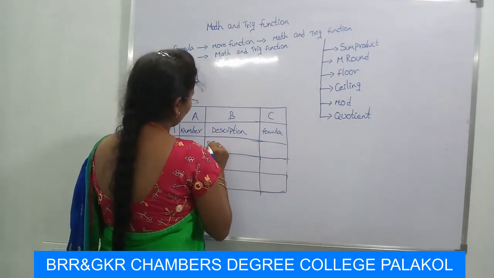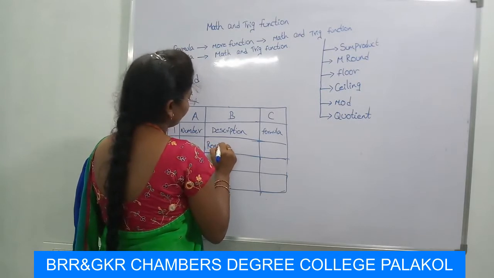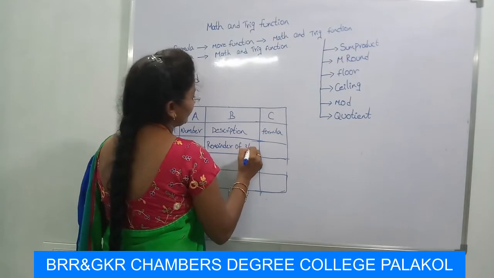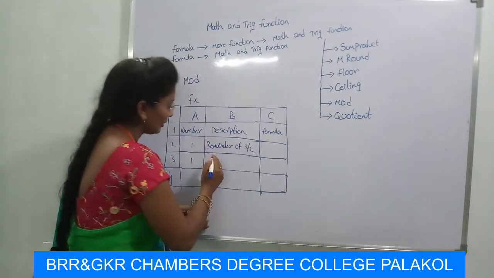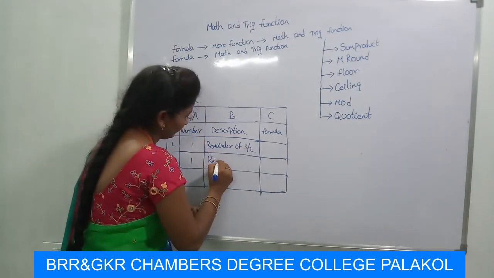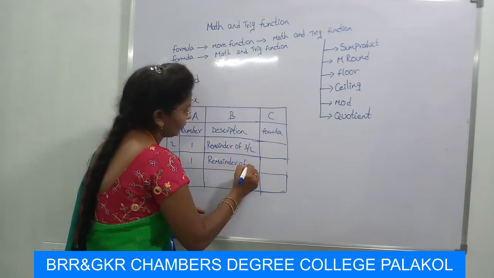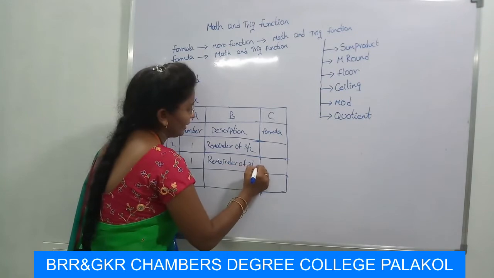Here I am entering remainder of 3 by 2 and remainder of 3 by minus 2 here.